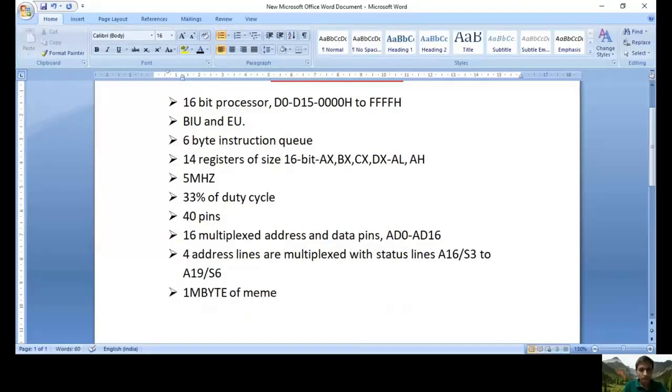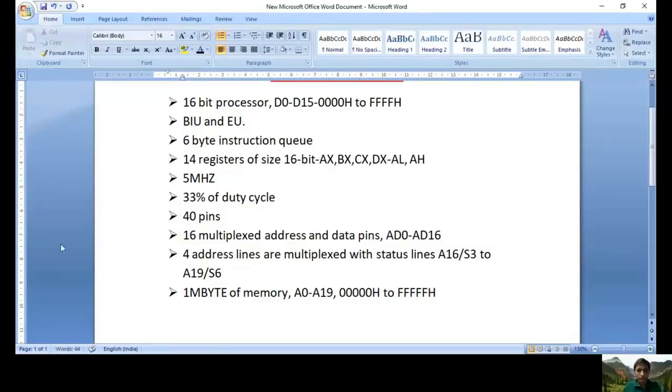Why 1 megabyte? Because it's 2 power 20. 2 power 20 is 1 megabyte. So because of 20 address lines, it can access 1 megabyte of memory. The 20 lines are A0 to A19, and the address range is 00000H to FFFFFH.